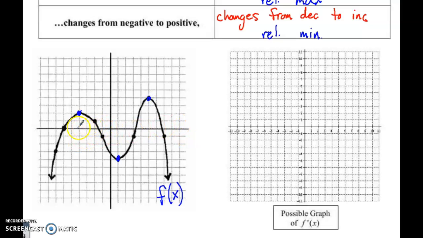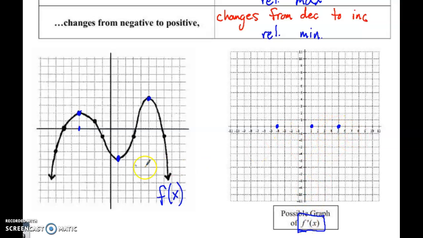That's at -4. So at x equals -4, my derivative, because that's what I'm graphing here, must cross the x-axis. And the same thing at x equals 1, because it's a relative min. My possible graph of the derivative must hit the x-axis, and then 1, 2, 3, 4, 5.